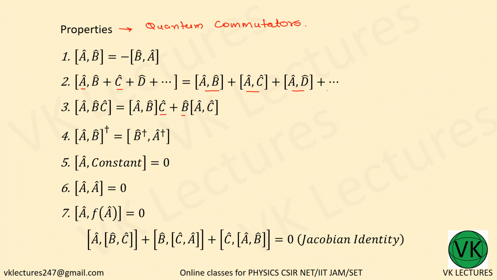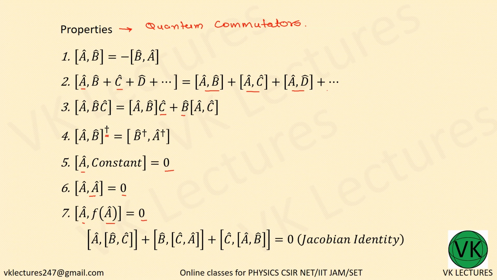Now the commutator of a with some constant is 0, the commutator of a with a is again 0, so the commutator of a with f(a) is again 0.